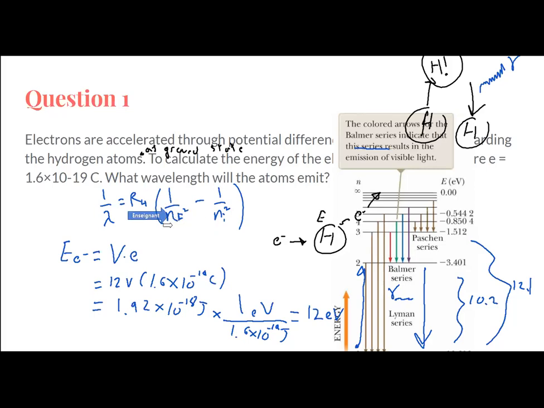So in this case, we're going from the second level to the first. The Rydberg constant here is, I believe, 1.097 times 10 to the 7. So if you plug it in, just rounding off here, times 10 to the 7, you have 1 minus 1 over 2 squared.